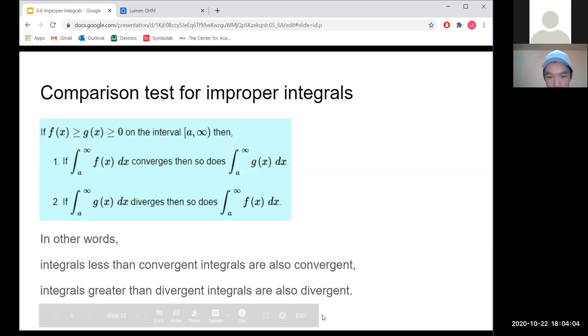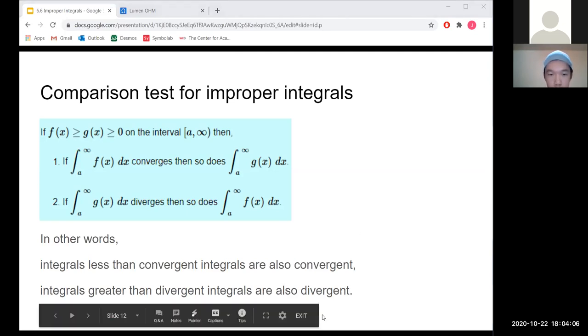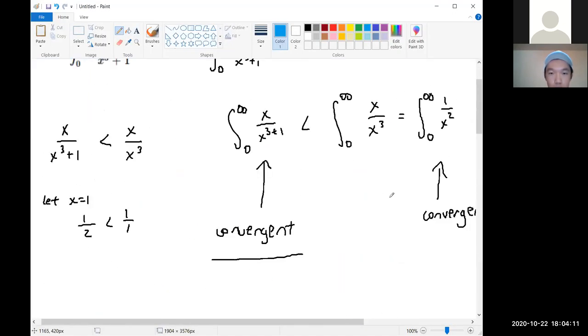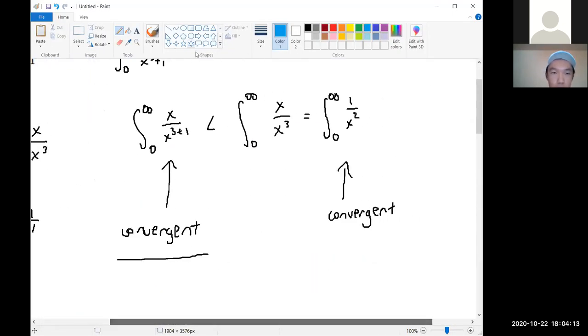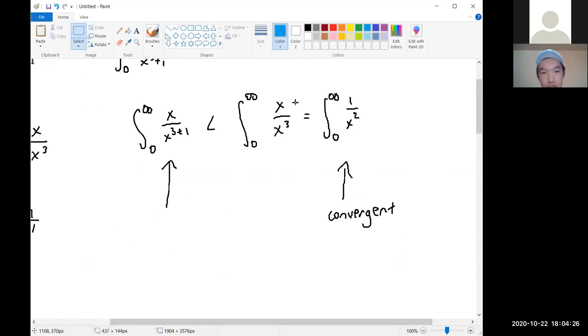Actually, let me go back to the question we just did, this one right here. Let's say for this example, we didn't reach a conclusion yet, but here's our inequality.